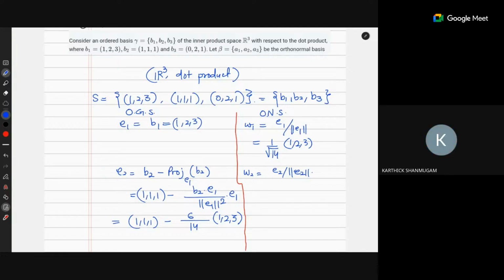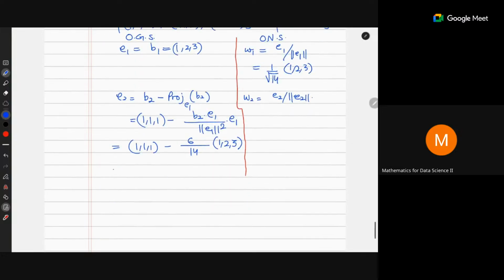And then when we go to E2, you remove the projection of B2 in the direction of E1.